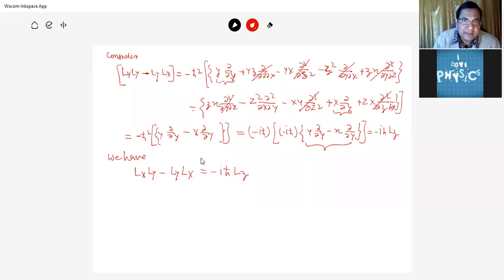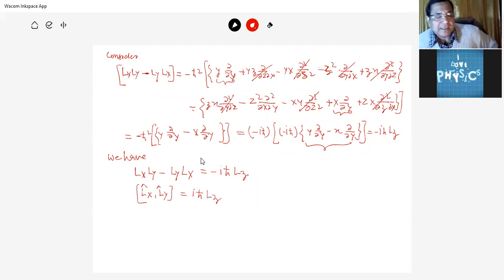Or we can say this is [Lx, Ly] is nothing but iħ cross Lz. We have this plus because this minus is i square, so this is minus i square Lz.